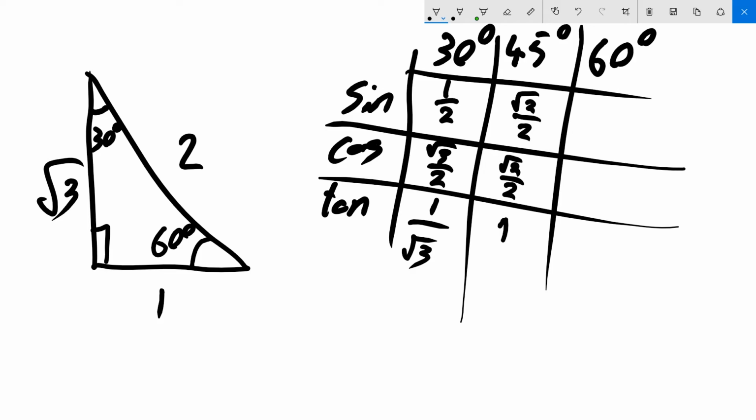Alright, now let's look at 60 degrees. Sine of 60, so we'll look at this angle here, opposite divided by the hypotenuse, root 3 divided by 2.